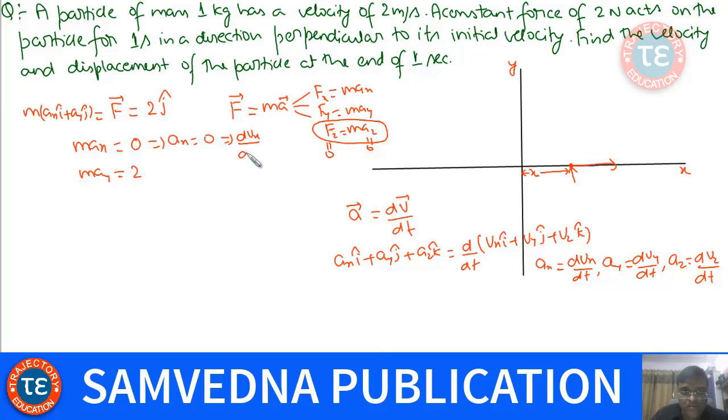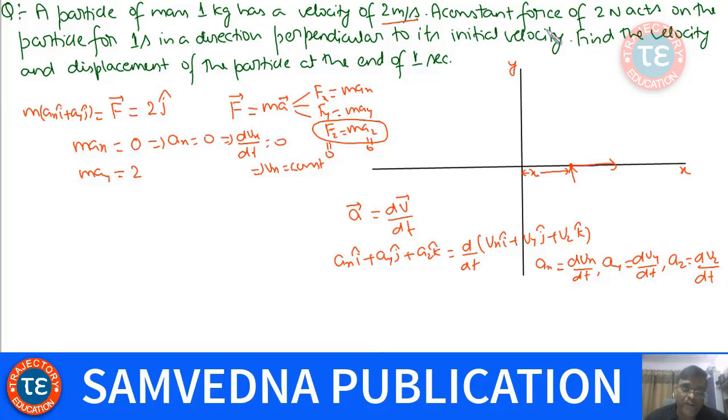So if ax is 0, that implies dvx by dt is 0, and that implies vx is constant. Whatever was vx, it is going to remain same throughout. Applying force in y direction is not going to affect the motion in x direction. Keep it in your mind.